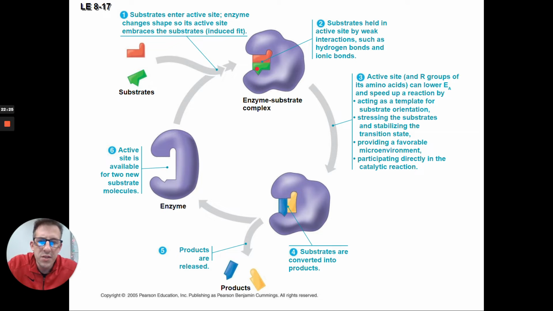Okay, so at this point, what do we notice? What has changed between this picture and this picture of that big blobby protein enzyme? Pause the video and see if you can figure it out. It has changed its shape.